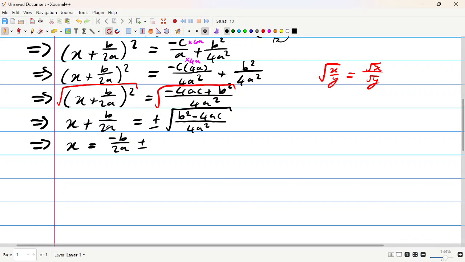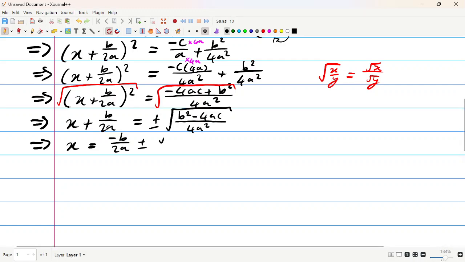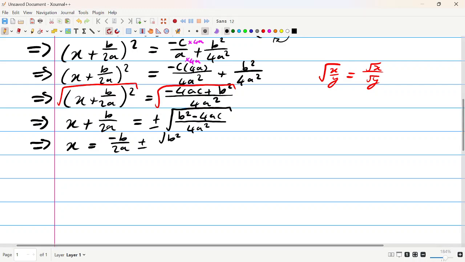So therefore, we can write it as plus minus the square root of b squared minus 4ac, all divided by the square root of 4a squared, which is just 2a.